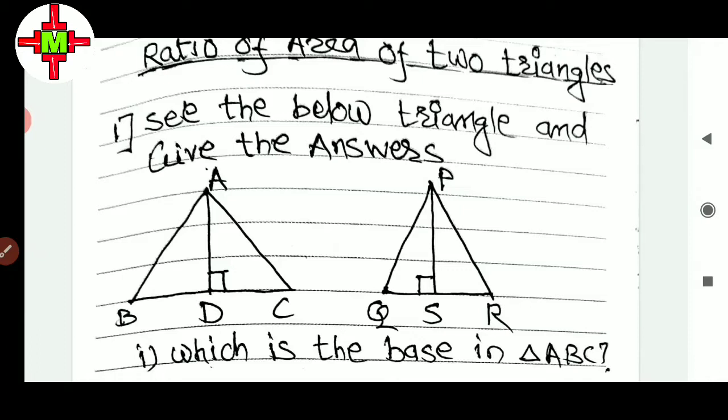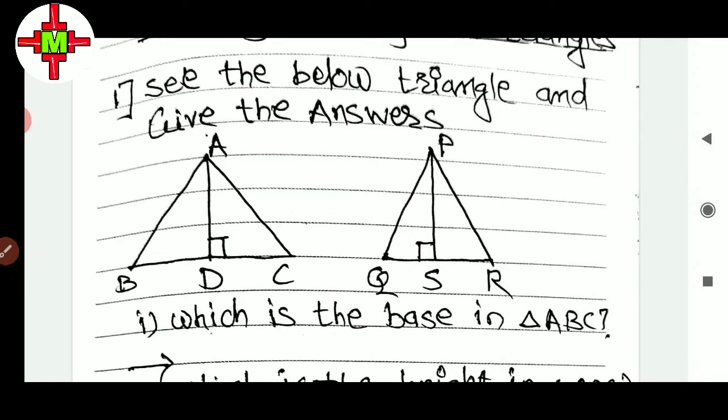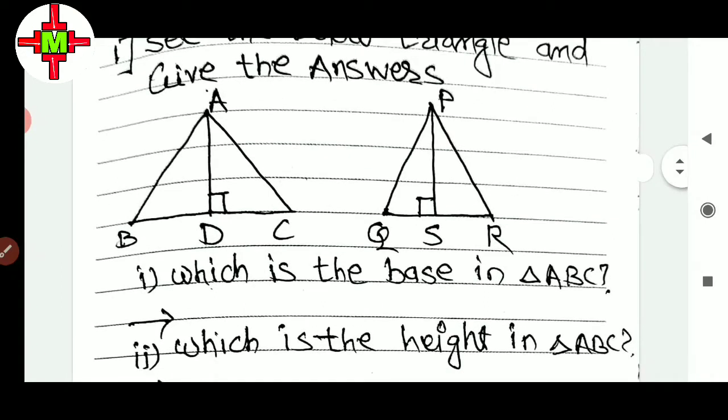Now see here, in the below example we draw two triangles and we have to give the answers for this. First question is, which is the base in triangle ABC?